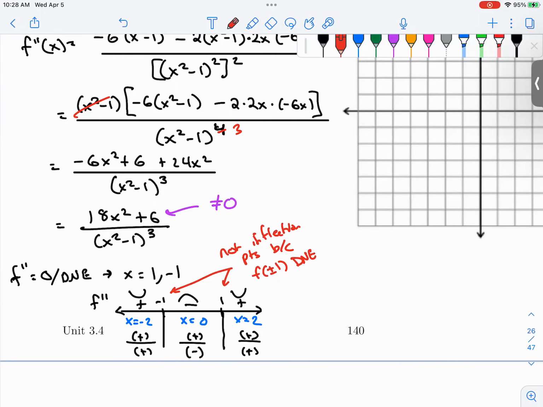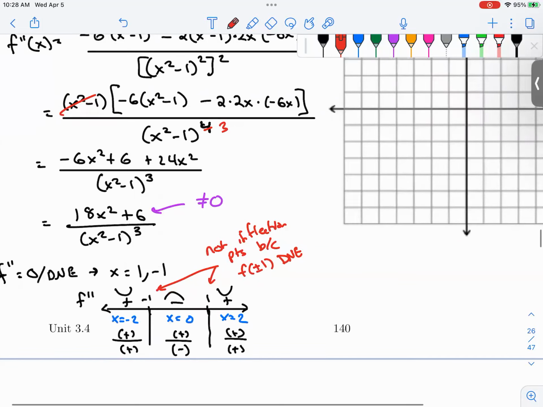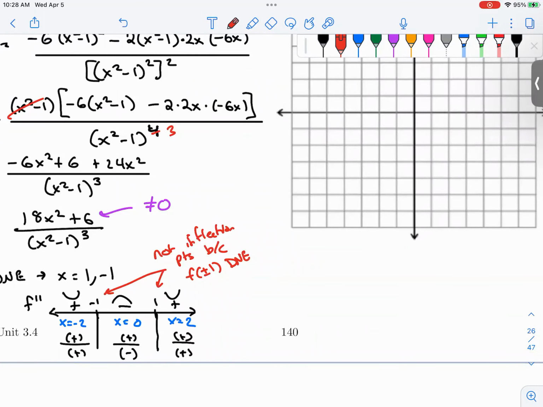That's a good question. Let's graph and find out. Wouldn't all inflection points be something where it equals 0, because that's how we originally got those x values? Inflection points happen where it equals 0 or does not exist. But you have to also have the function existing there. If the function doesn't exist there, you can't bend the graph at all.